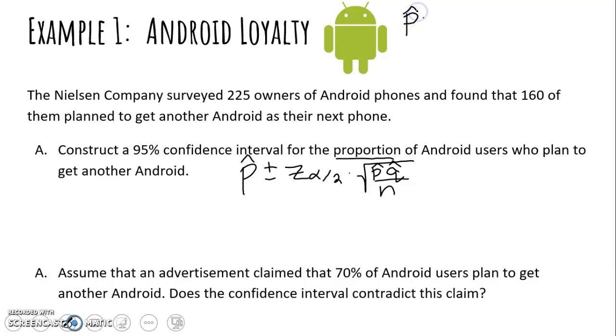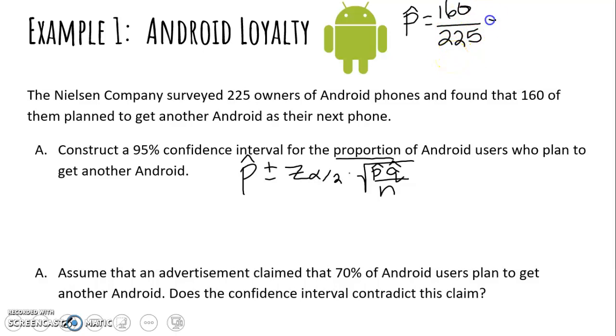So p hat is the sample proportion of owners of Android phones who plan to get another Android phone. So that would be 160 out of 225. Now please note the top number is always smaller than the bottom number.